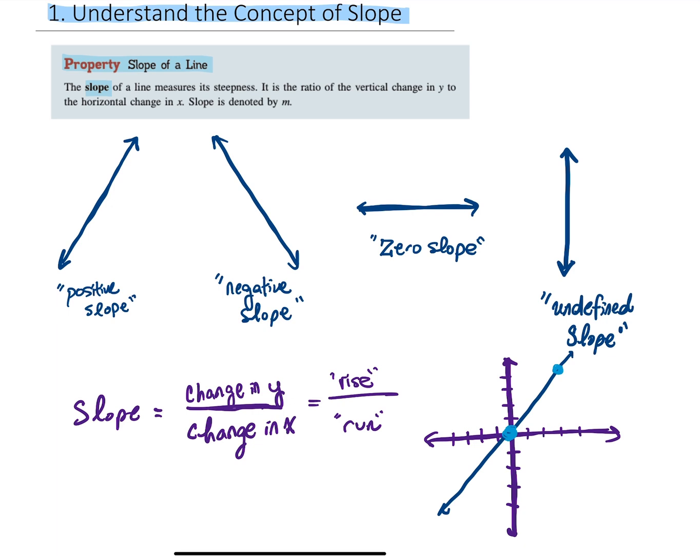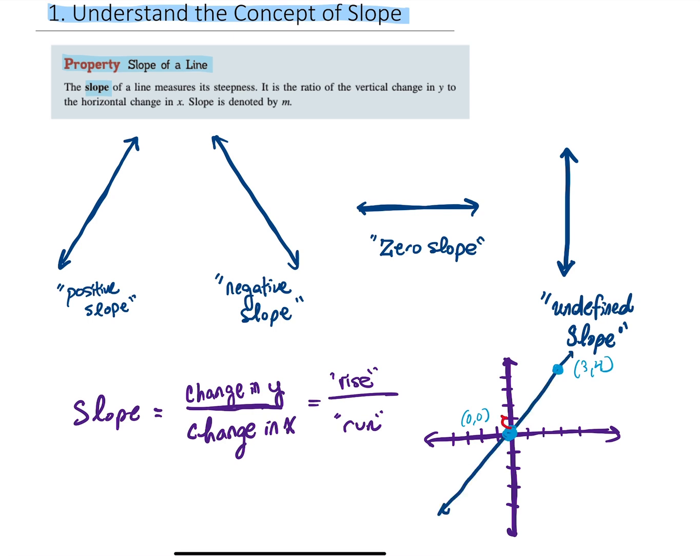Well, if I view it as the change in y over the change in x, or the rise over run, I can just imagine from one point to another. So from our starting point, let's label these (0, 0) and (3, 4). What would be the change in y from one point to another? I can imagine a vertical line going up.